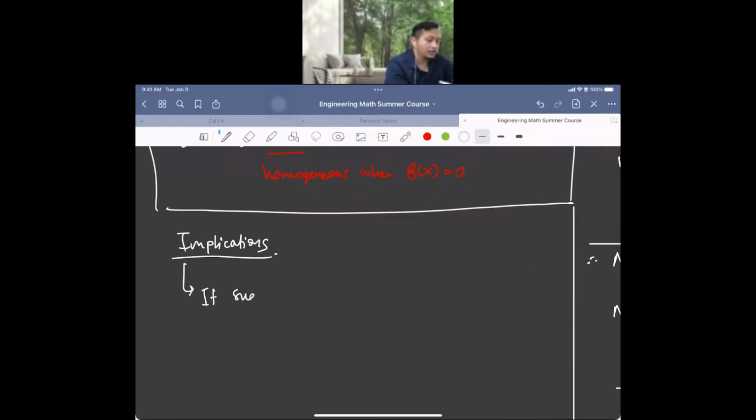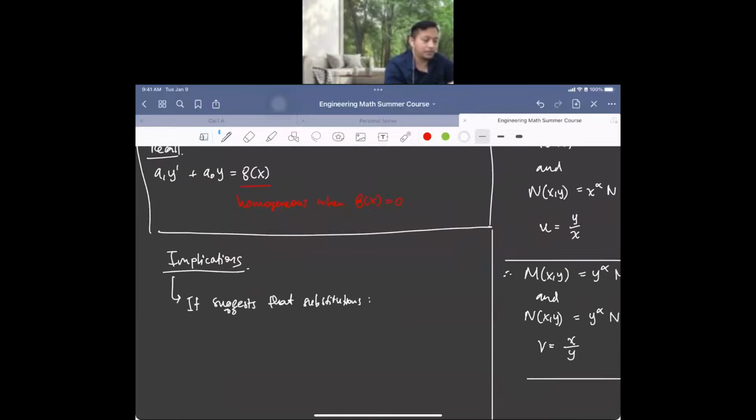It suggests that the substitutions that are useful for this equation to be homogeneous are y equals ux or x equals vy, where u and v are new dependent variables.